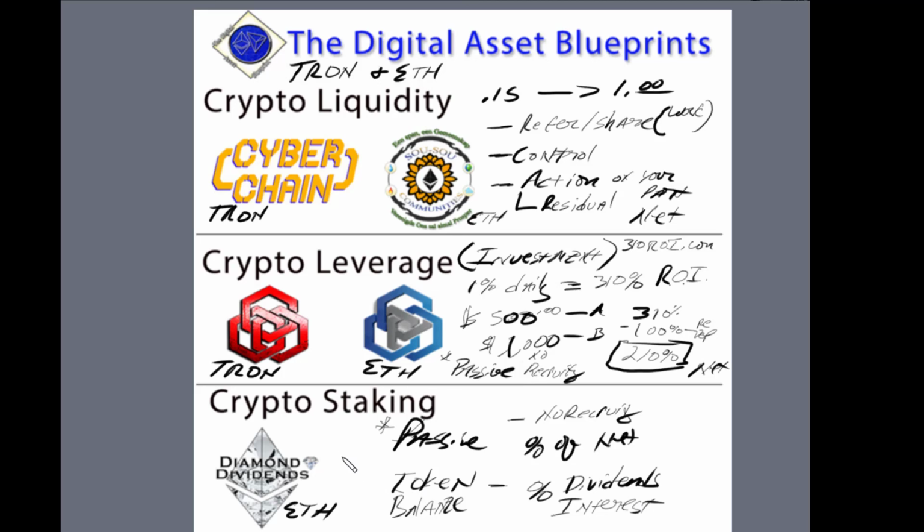So basically, the more tokens that you stake, the more dividends you earn. If you were putting in 10% of your net every month, then every single month, you're going to receive more dividends as the activity increases within Diamond Dividends. This is just like the cherry on top of this wonderful cake. This is the cherry on top of everything.